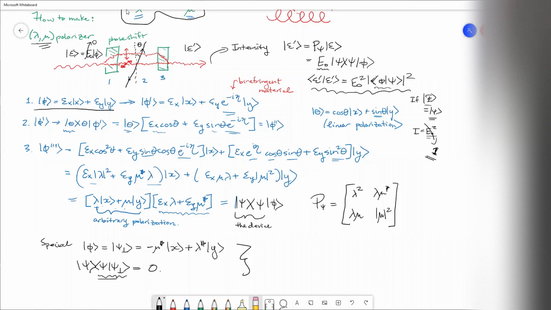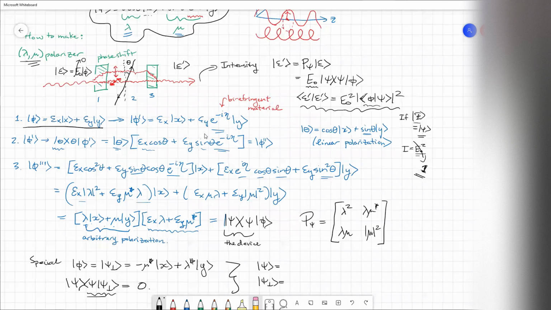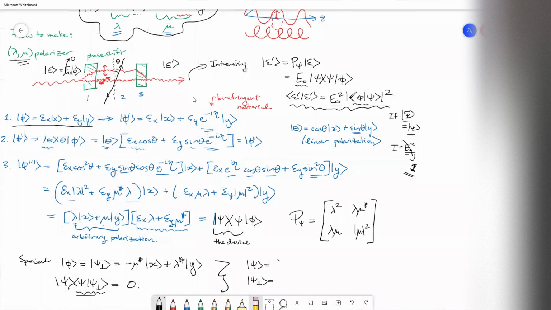So in a sense, psi, let me write them out again, psi is lambda x plus mu y, and this perpendicular vector, these form a new basis for polarization.